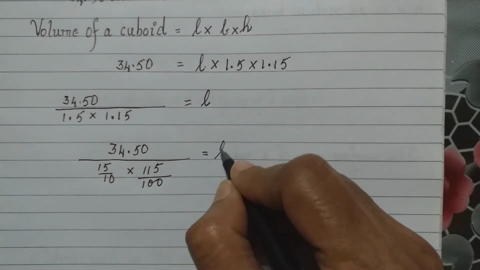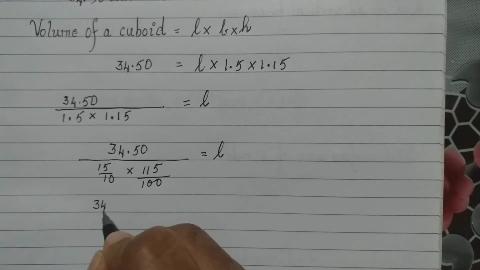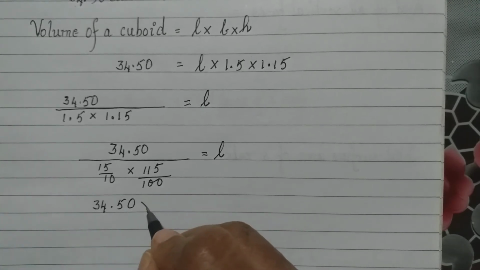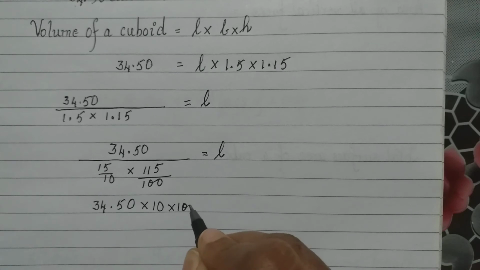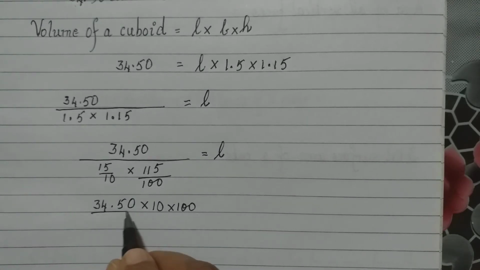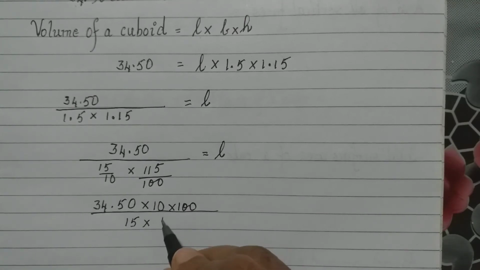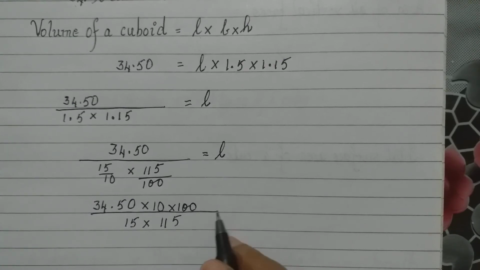Okay, in the next step. So we see 34.50 into this 10 which is gone to the numerator into this 100 which has gone to the numerator upon, now what is left here, 15 into 115. So here now we simplify this further.